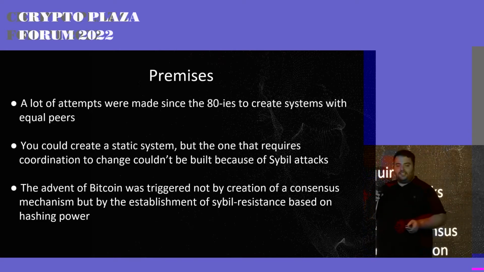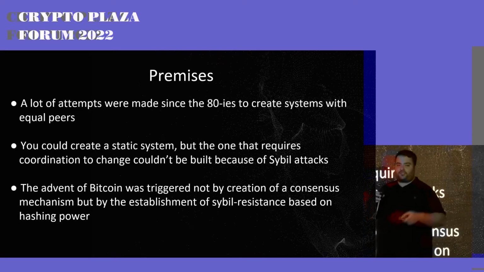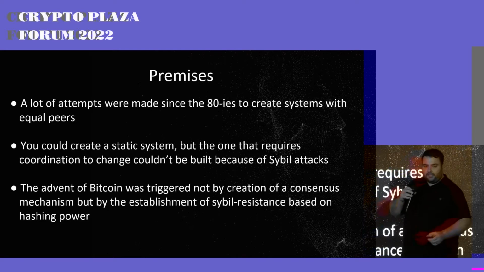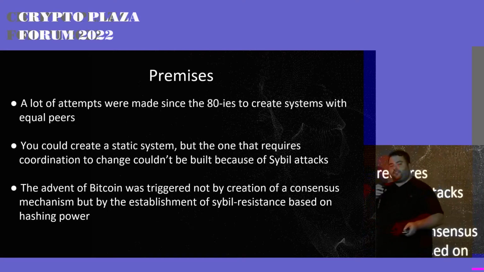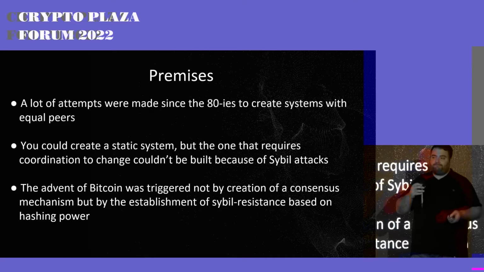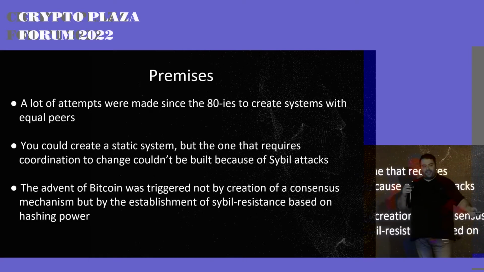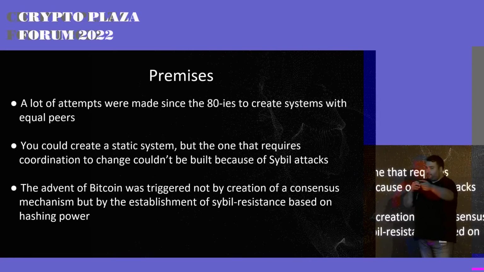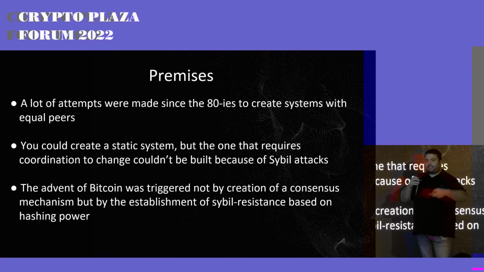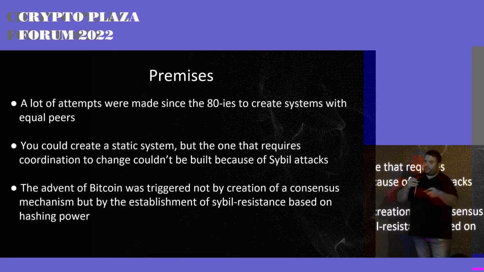They try to have the same weight, they try to exchange data between one another, but they could only exist in a static form. As soon as you need some kind of consensus to update the protocol or move it forward, you need some way to make sure that the nodes in the system come to a consensus on how to change it.